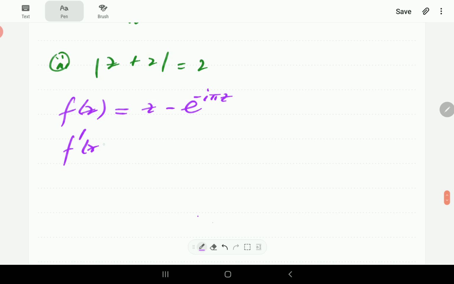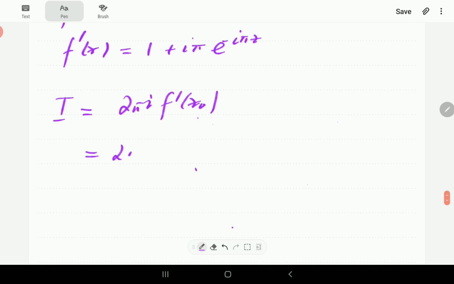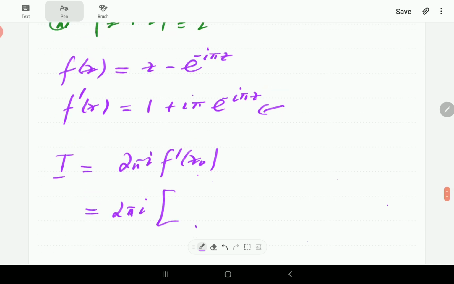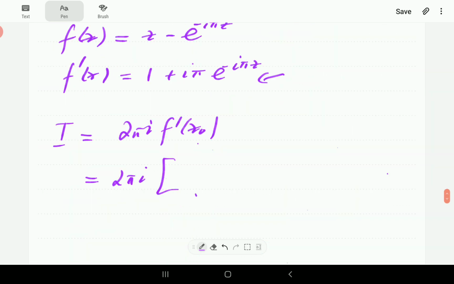So f prime of z is going to be 1 plus i pi e to the minus i pi z. So the integral is going to be 2 pi i f prime of z naught. So we simply need to plug in z equals negative 1 there, because we said our z naught is negative 1, and then we are good.